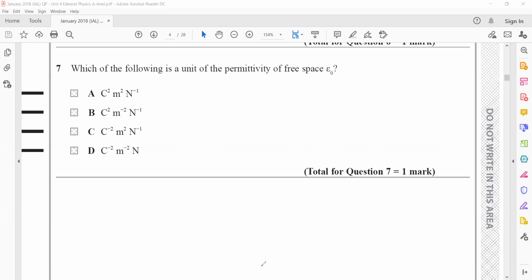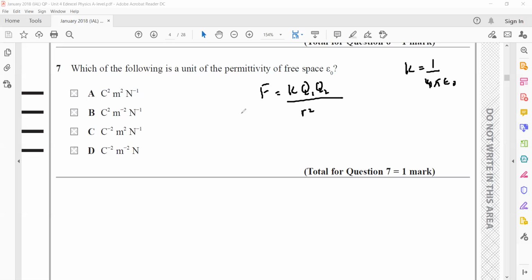According to Coulomb's law, F equals K Q1 Q2 over R square, the force between the charges. And what is this K? K equals 1 upon 4 pi epsilon naught, which is called the permittivity of the free space.